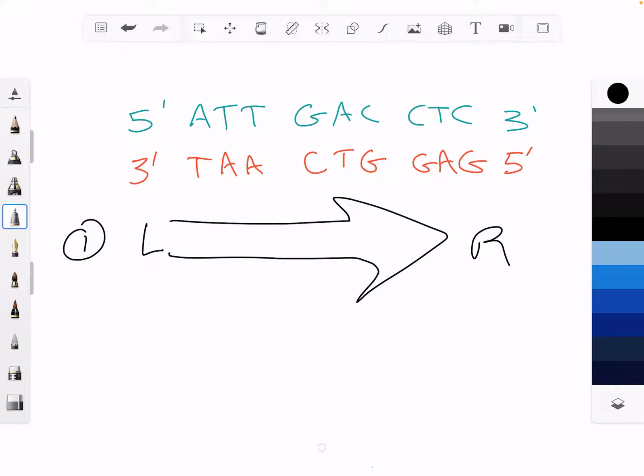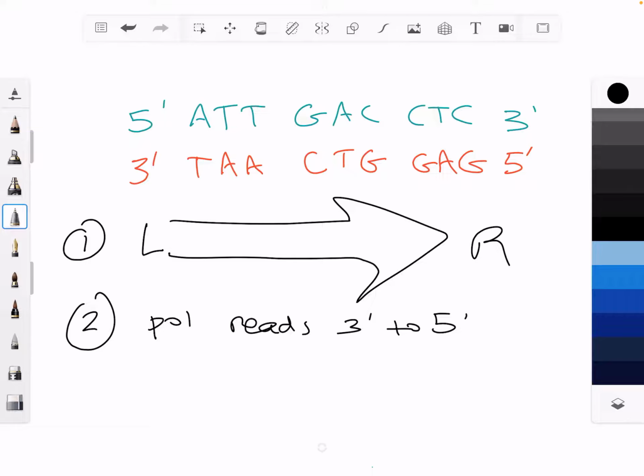One is this piece of information we were just given, and number 2 is that we know that the polymerase always reads 3' to 5'. That is inherent to any enzyme that reads DNA. We always read 3' to 5'.